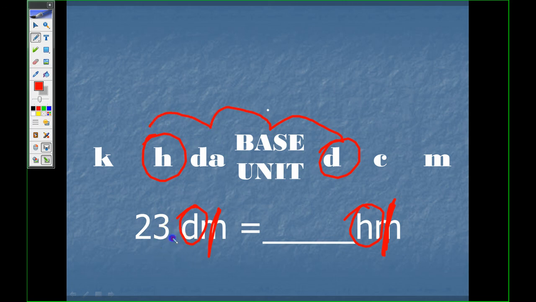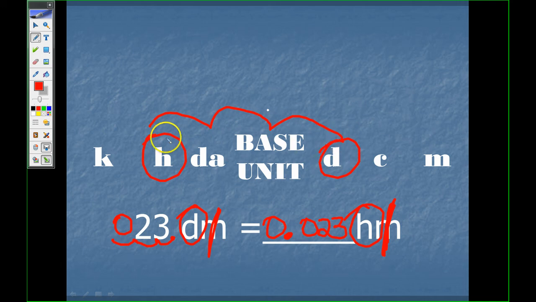If we move this decimal point 3 to the left, 1, 2, oh, we're out of numbers, 3, that means we put a 0 there. That means this answer is 0.023. Add a 0 out to make me happy, and those two quantities are now equal. 23 decimeters is the same as 0.023 hectometers.